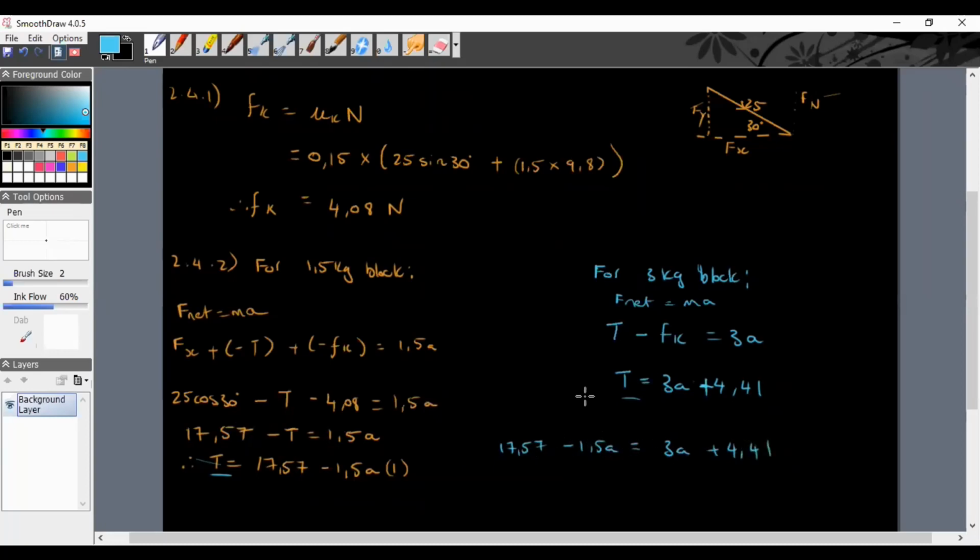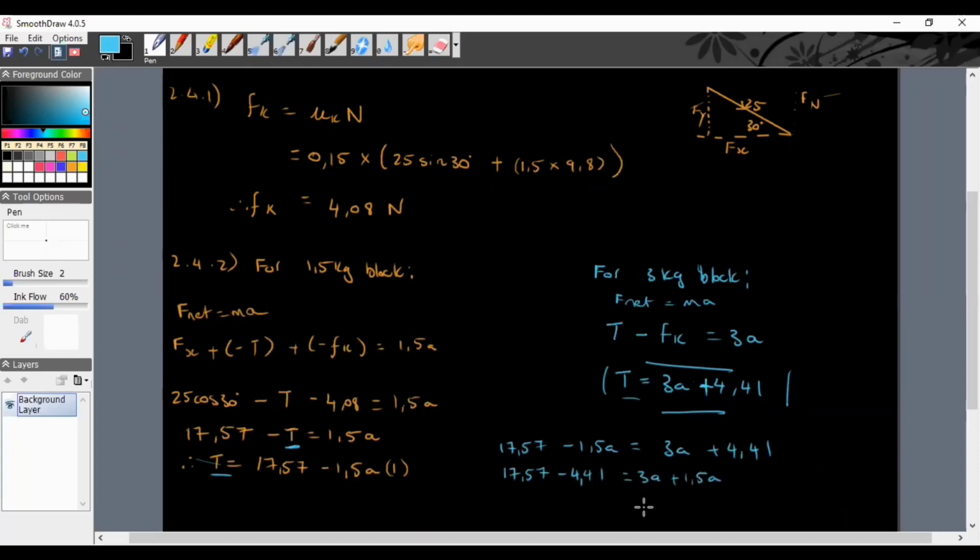Alternatively, we could have substituted this formula into T in this one; it would have been very similar. I want to organize this: I take this 4.41 over to make 17.57 minus 4.41 equals 3A plus 1.5A.